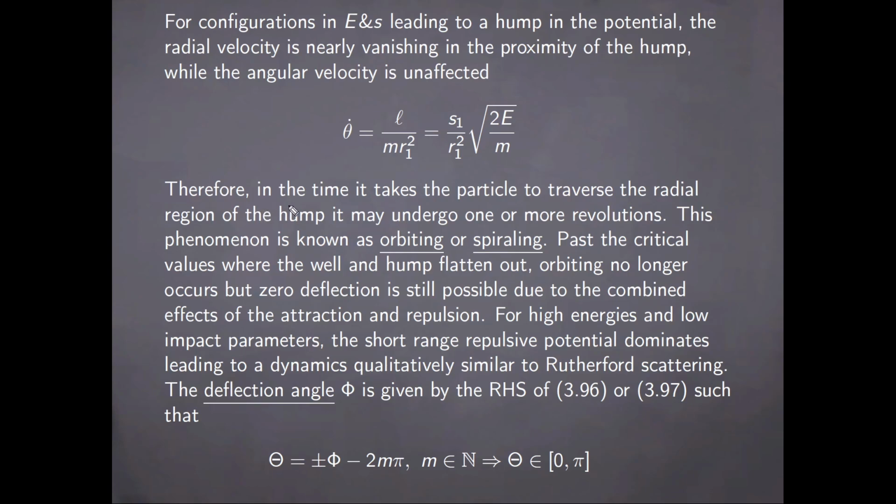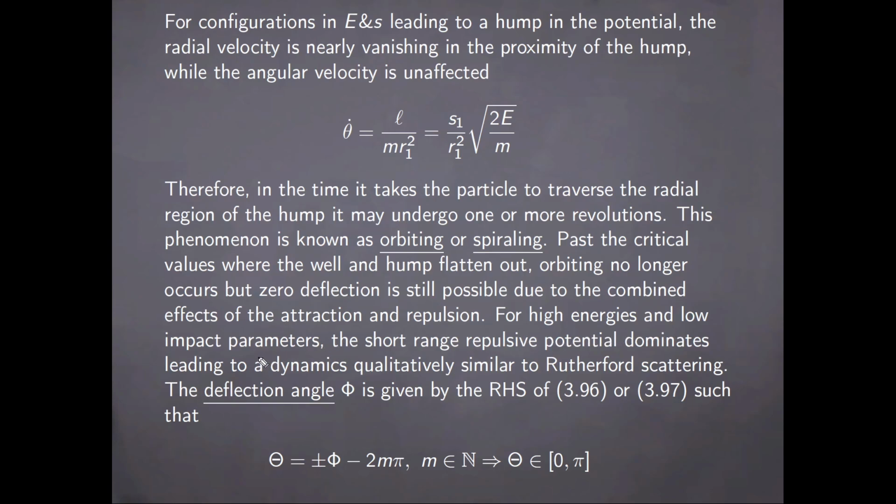Therefore, in the time it takes for the particle to traverse the radial region of the hump, it may undergo one or more revolutions. This phenomenon is known as orbiting or spiraling. Past the critical values where the well and hump flatten out, orbiting no longer occurs, but zero deflection is still possible due to the combined effects of the attraction and repulsion.